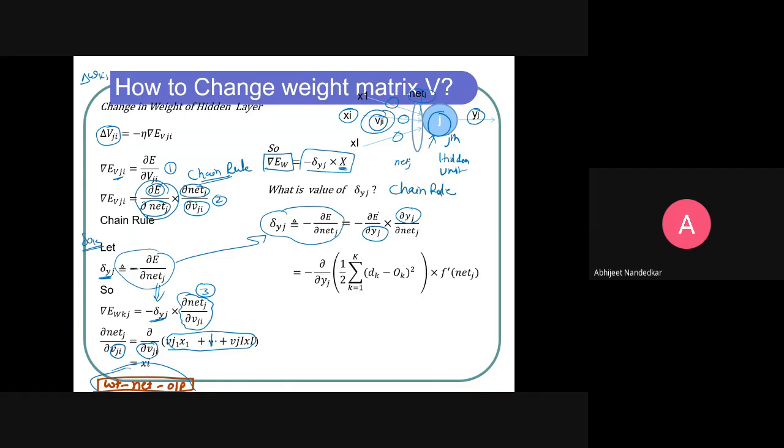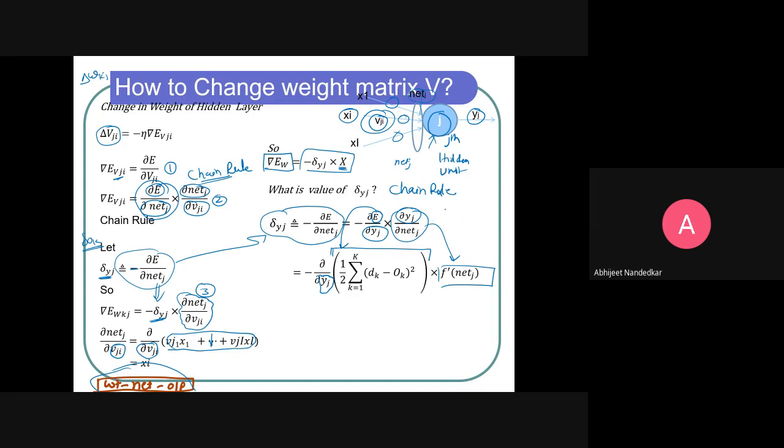Now this error I am writing as it is, as per our definition of error, and that we have to differentiate with respect to yj. The second term here is f dash of net j, which we can write directly, as it is just the differentiation of output with respect to net.